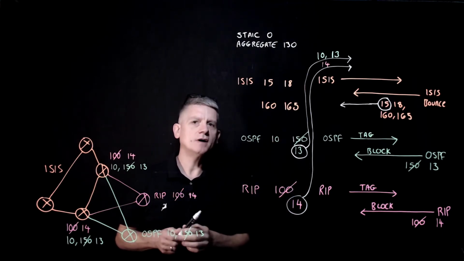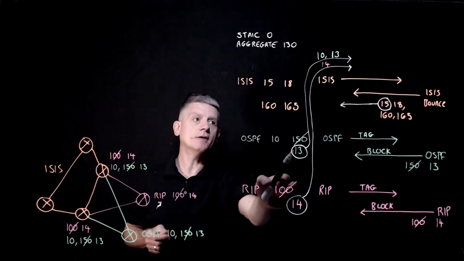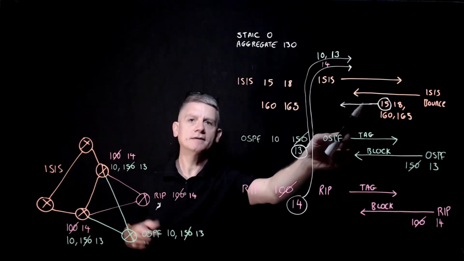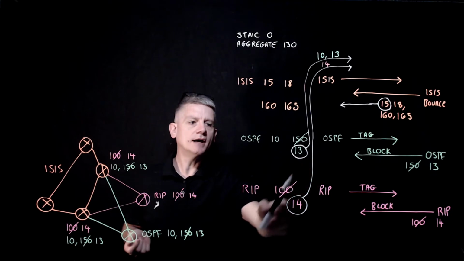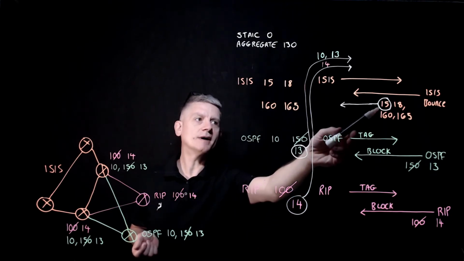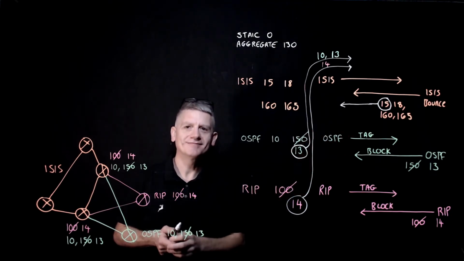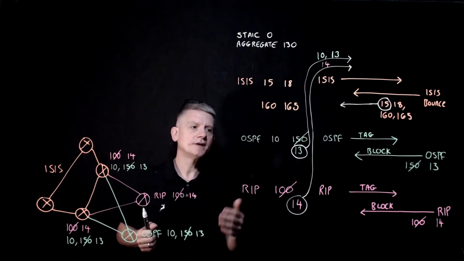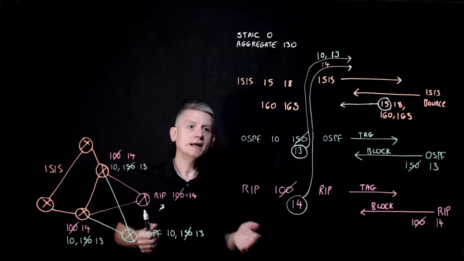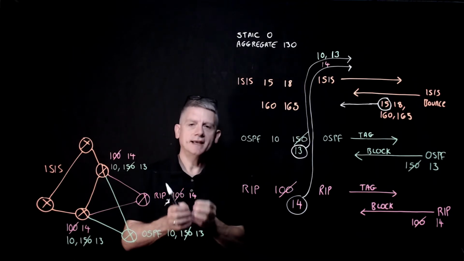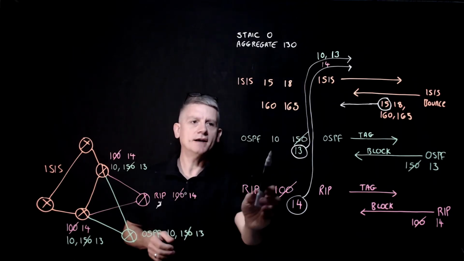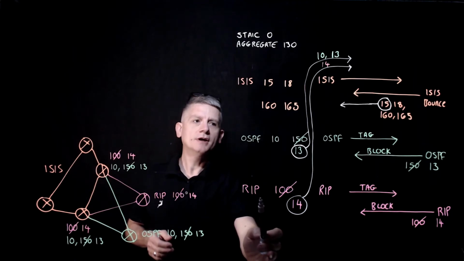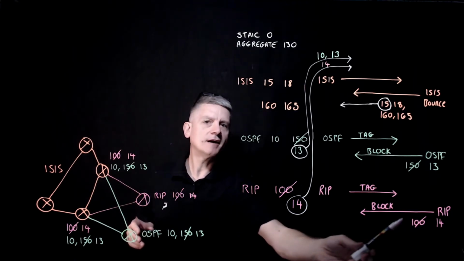And that is why the OSPF is going lower than the ISIS of 15, sort of best case scenario, and why the RIP is going lower than the ISIS of 15. That's the summary. Tag and block on the OSPF, tag and block on the RIP, and then set the values inside the table for the OSPF and the RIP, not as part of the block coming in.